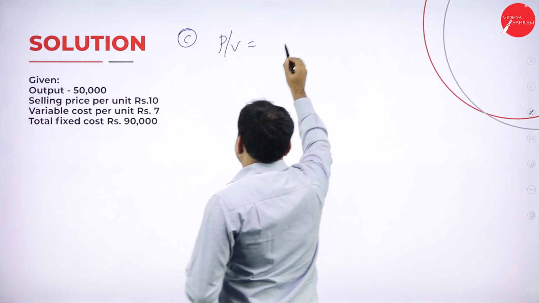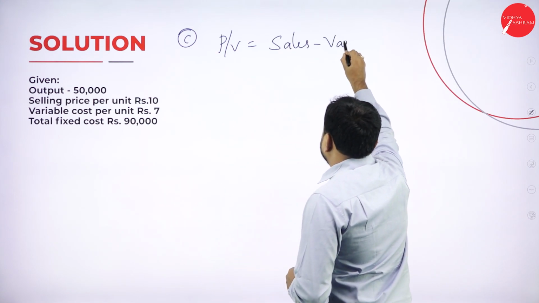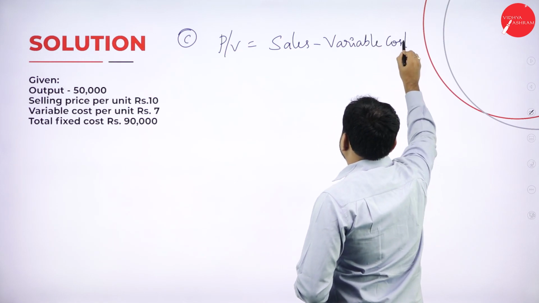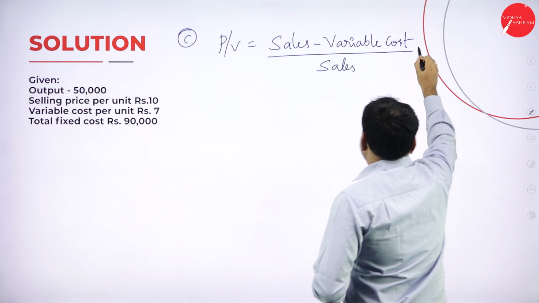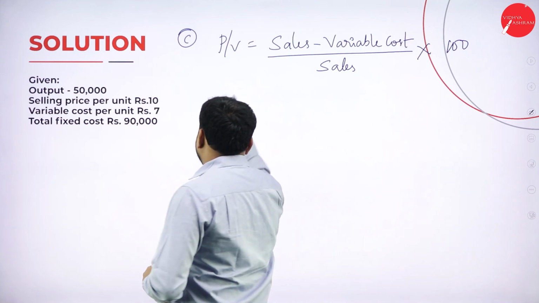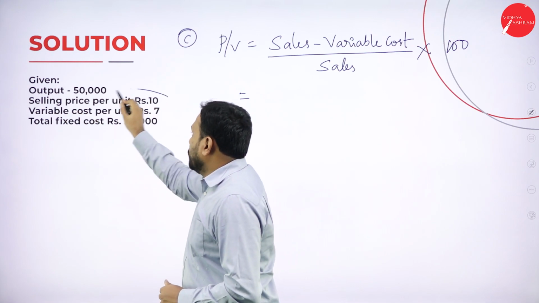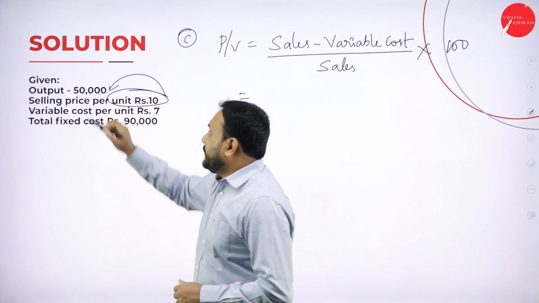PV is equal to sales minus variable cost divided by sales into 100. Now sales: selling price is rupees 10 per unit, and how much is produced? 50,000 units.